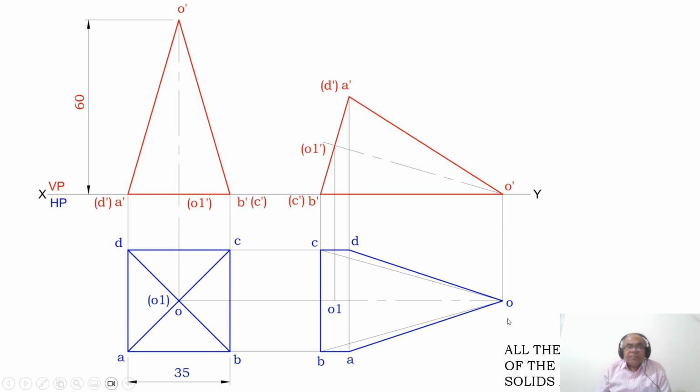Then join O to A, O to B, O to C and O to D with thin lines, and join A to B, B to C, C to D and D to A with thin lines.